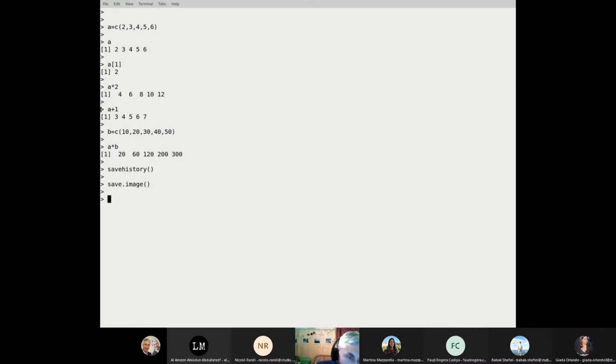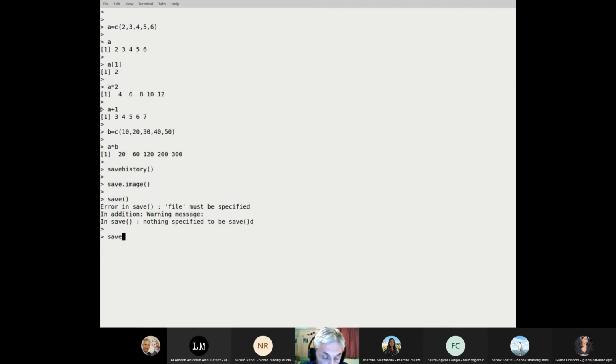Another suggestion: sometimes I don't remember the name of the functions, and in order to make sure that I don't make mistakes, because, for instance, if I write just save, I'm not sure what happens. You see that there is something wrong here. So in order to get assistance, what I do is write save, and at this point one may not remember if the command is save or save.image.